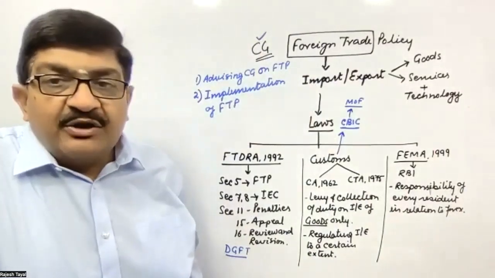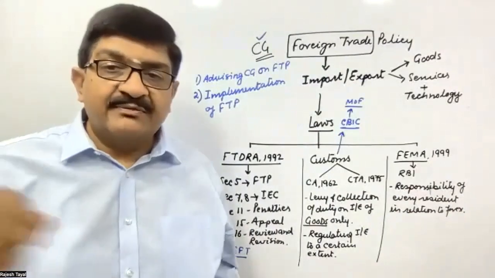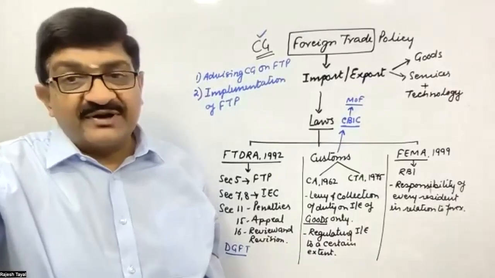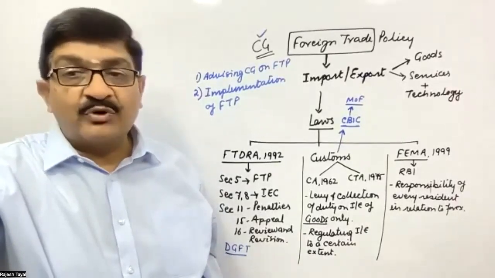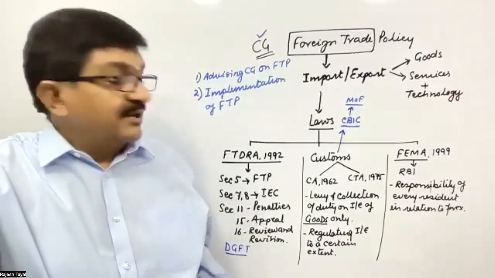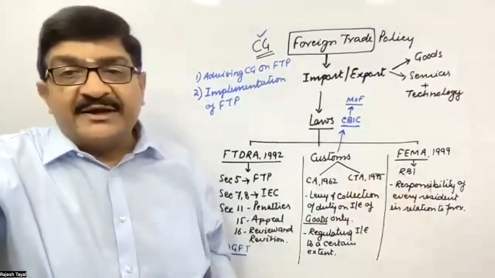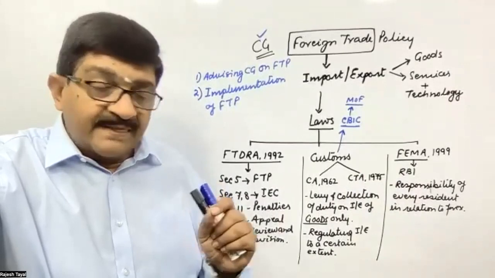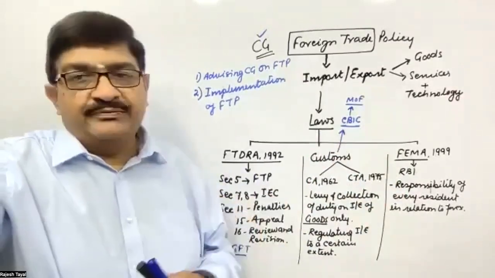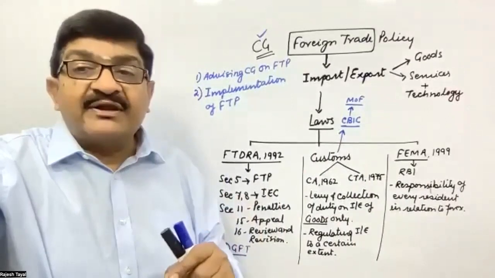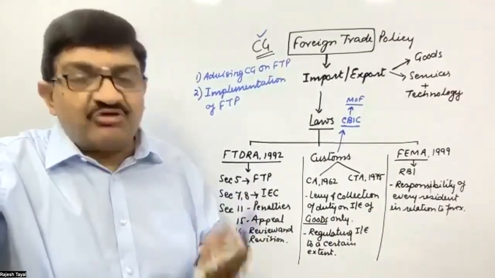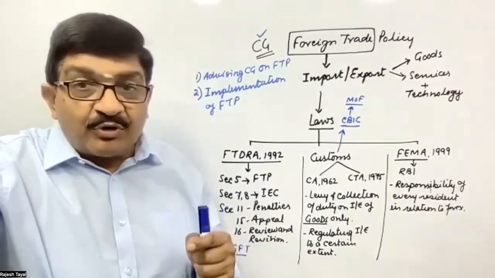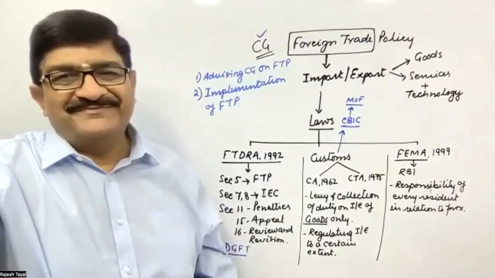What is the responsibility of every resident in connection with the foreign exchange? So the Act defines who is the person resident, what is the meaning of foreign exchange, what is the meaning of foreign currency, what is inflow, what is outflow, everything is defined there. It is imposing a responsibility on every person who is resident in India. In a nutshell, under FEMA Section 8, every person who is resident in India to whom any income accrues in foreign exchange or foreign currency, that amount of foreign exchange should be brought to India at the earliest possible.